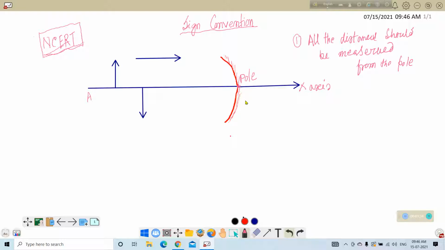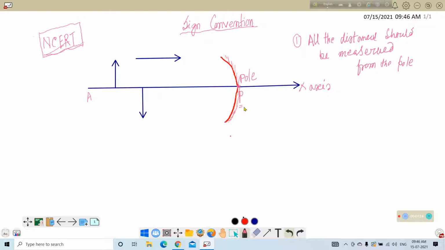Here we are discussing only the mirror, reflection of light by a curved mirror, and this is a concave mirror. It may also be taken as a convex mirror. So all the distances should be measured from the pole. That means this is the origin. So the point P is the origin.